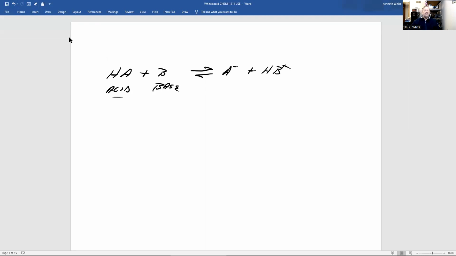And here we have an acid reacting with a base, proton transfer, and you get the conjugate base of the acid and the conjugate acid of the base, A minus and HB plus. Now, this is an equilibrium.